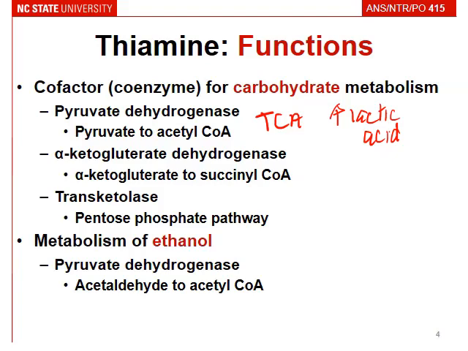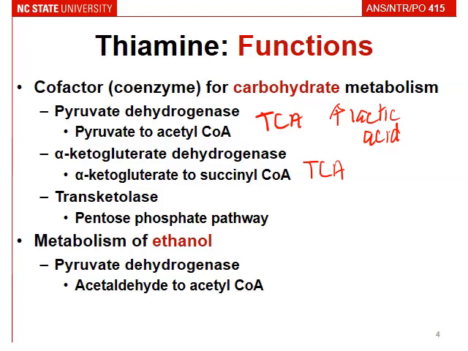In addition, you can see that we need it for the alpha-ketoglutarate dehydrogenase, and this alpha-ketoglutarate and succinyl-CoA, this is also part of the TCA cycle, if you remember those intermediate steps. So acetyl-CoA is converted to citrate, and then eventually alpha-ketoglutarate and succinyl-CoA.